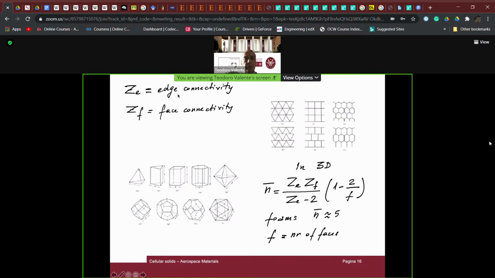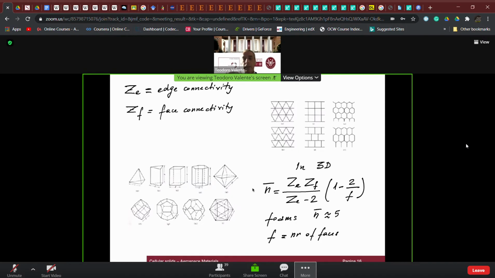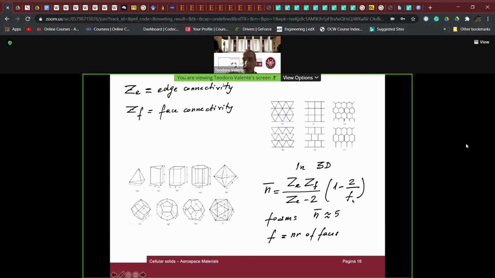And these two parameters are important because they allow us to define a quantity which is called n average, and which is, generally speaking, and again, typically, not exclusively, equal to 5, defined as described in this formula.